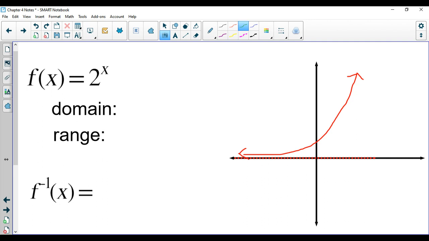So if we're going to find our domain and range for this, our domain for our original is going from negative infinity to infinity. It's going to go left forever and right forever.